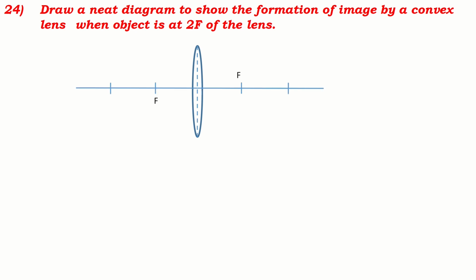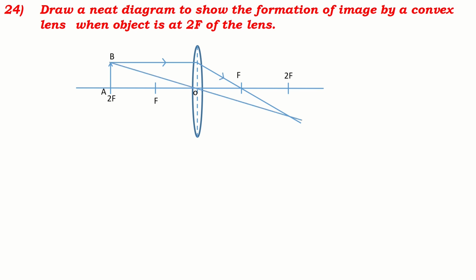Draw a neat diagram to show the formation of image by a convex lens when the object is at 2F of the lens. First we have to draw the lens, bisect it, principal axis, focus and 2F, and then optical center. Now our object is at 2F. We can draw two rays of light from the object. From the head of the object, a ray of light is drawn which passes through focus, because the ray of light parallel to the principal axis passes through focus.